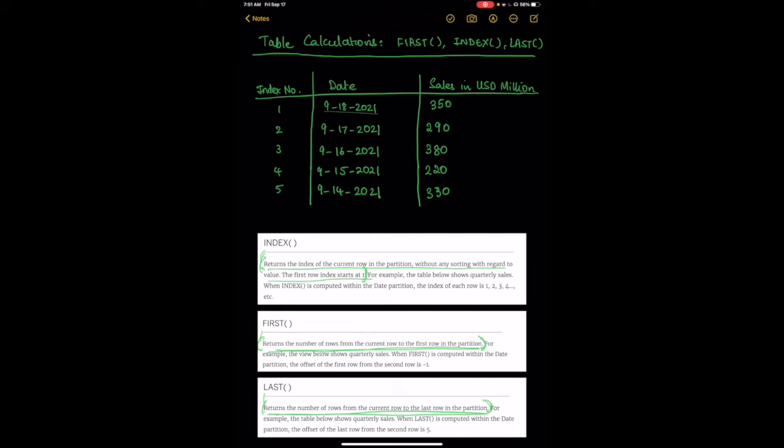So a layman definition of an index is basically the entry of the data within the data set in a table. And as you can see, the 18 September is the first entry and it is actually 350. And the last entry is 14 September 2021, and it is the fifth entry in the data set, and its sales are $330 million.